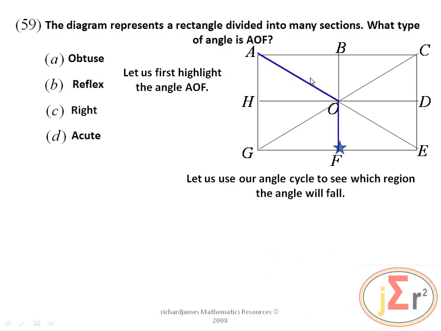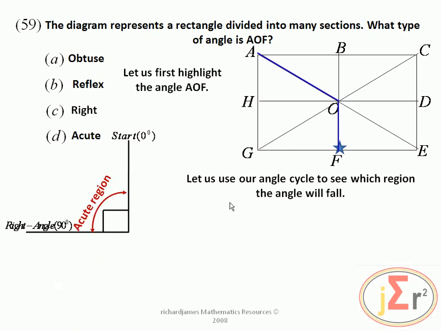So this is our angle, that's our angle AOF. So start at 0. Right. So that is 90 degrees. Notice that this angle is 90 degrees. So any angle in this region between 0 to 90 degrees is in the acute region.